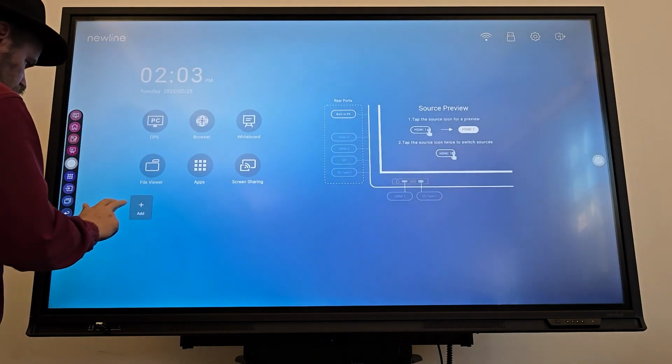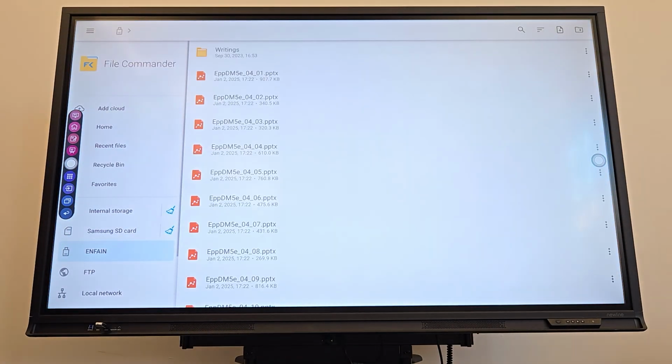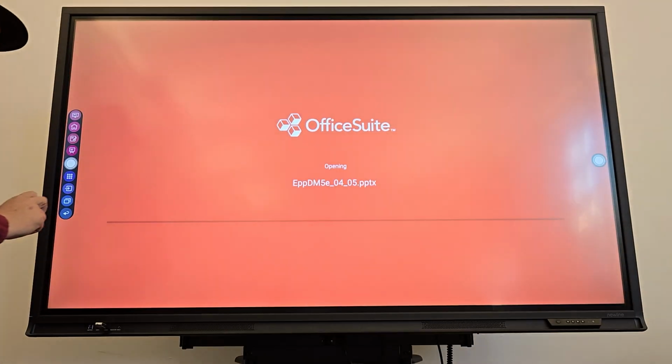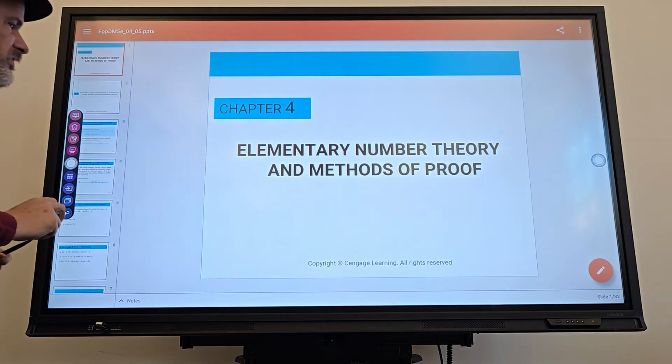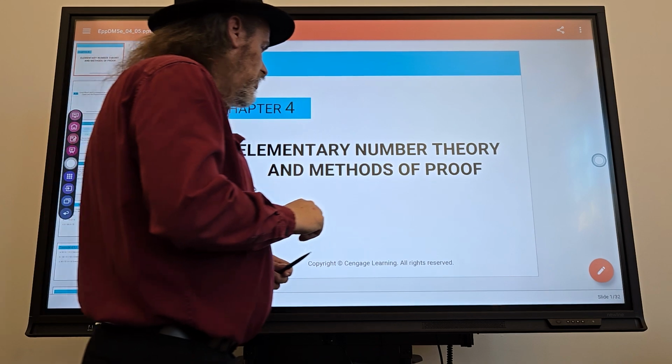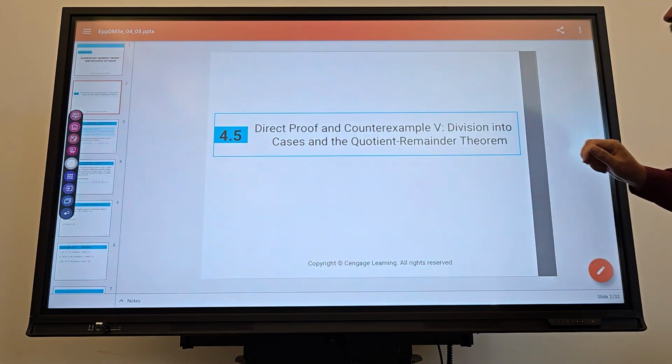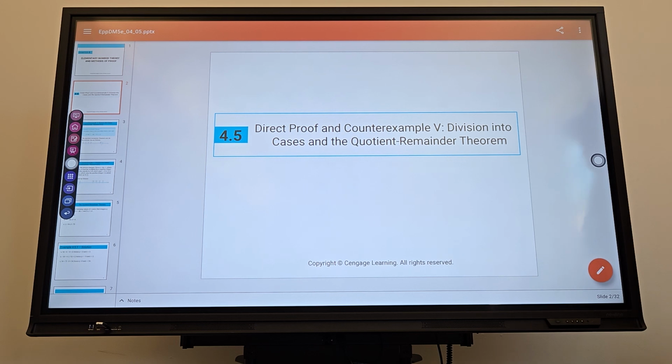And we can move on to section 5. Elementary number theory continues with direct proof and counterexample 5, division into cases, and the quotient remainder theorem.